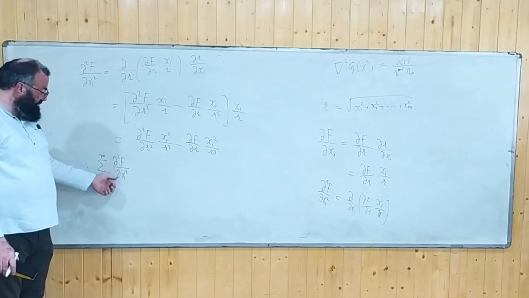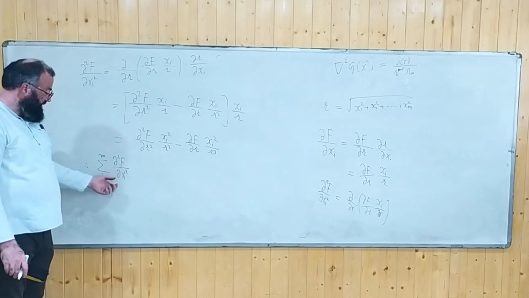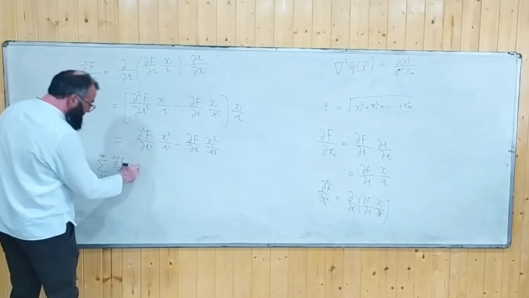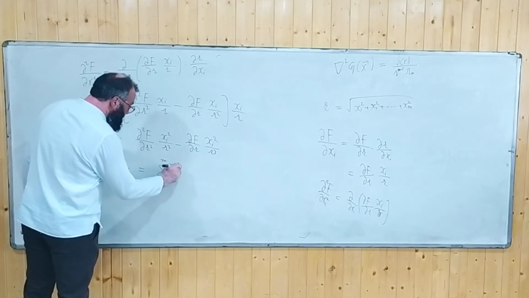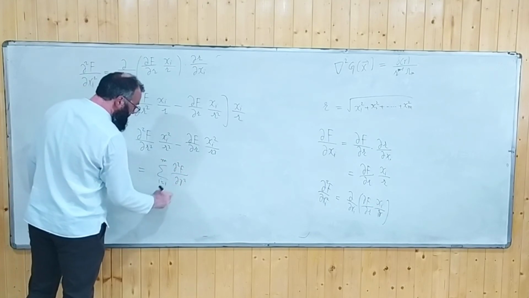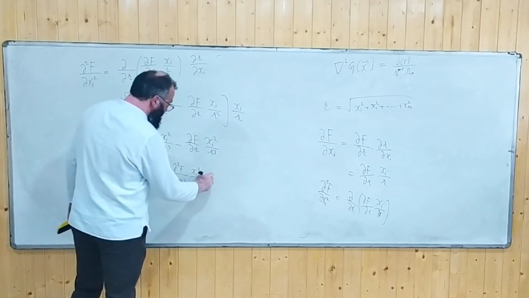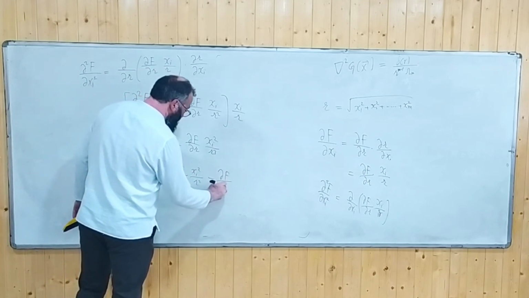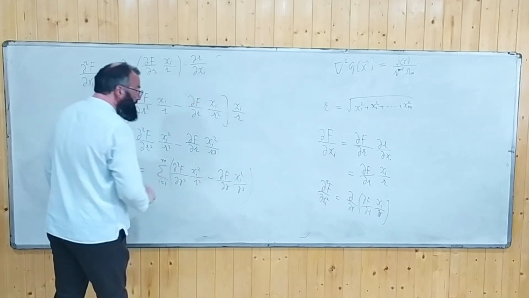So it is partial 2 by partial x1 squared plus partial 2 by partial x2 squared, and so on, up to partial 2 by partial xm squared. So it will be simply equal to the summation over i from 1 to m of partial 2f by partial r squared, xi squared by r squared, minus partial f by partial r, xi squared by r.